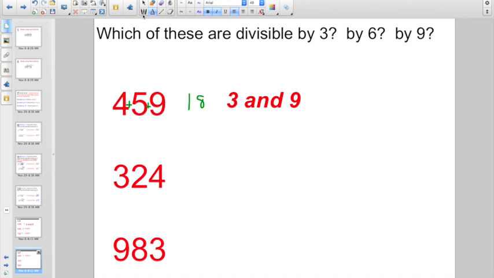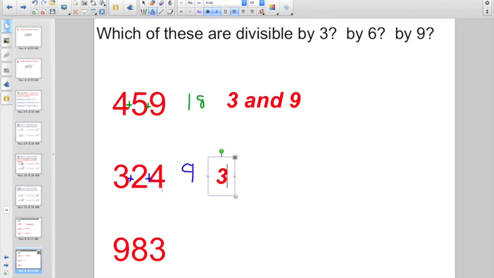Our next one down below, I have 324. You know the drill. Let's add up our digits. We have 3 plus 2 plus 4. That looks like it adds up to 9. Let's check it out. Is 9 divisible by 3? Yes, it is.